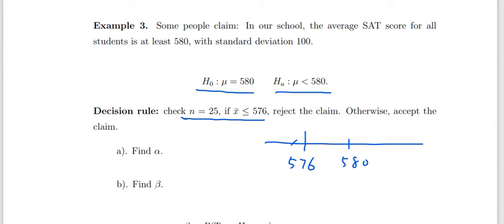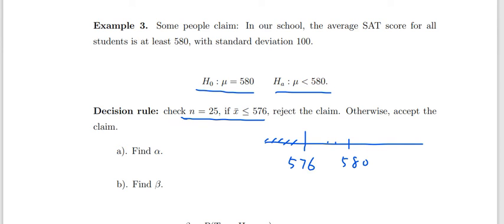So if X bar is here, the difference is big and we will reject H0. If the difference is not so big, like 578, a 2 point difference, or 579, a 1 point difference, we will accept the claim.